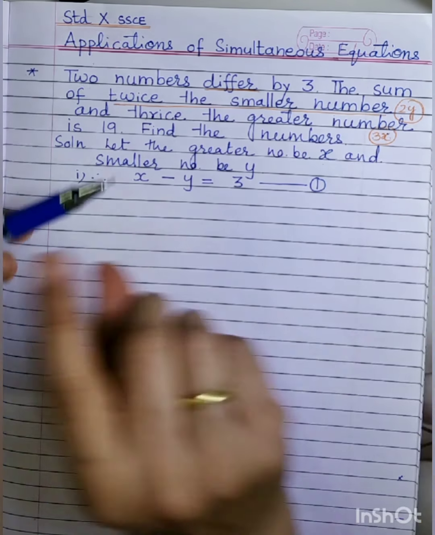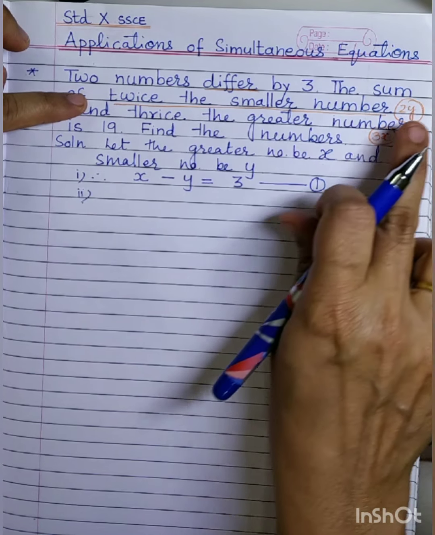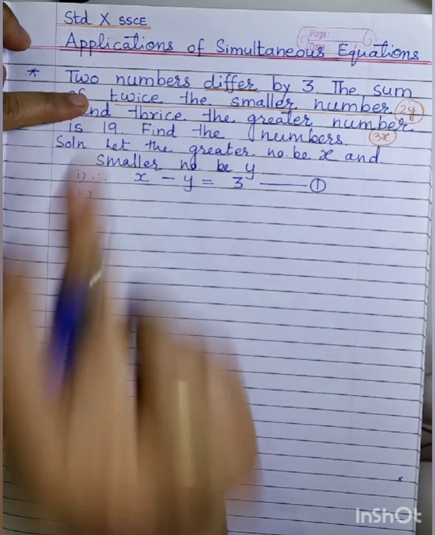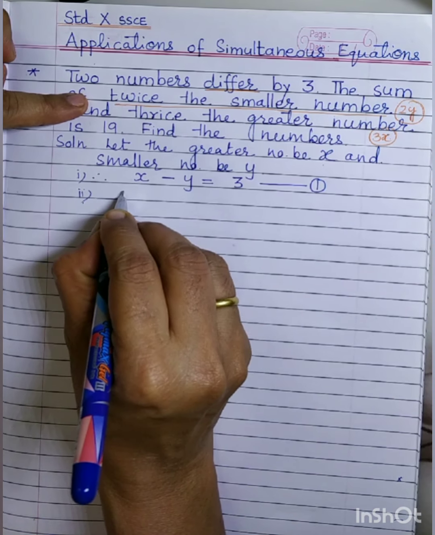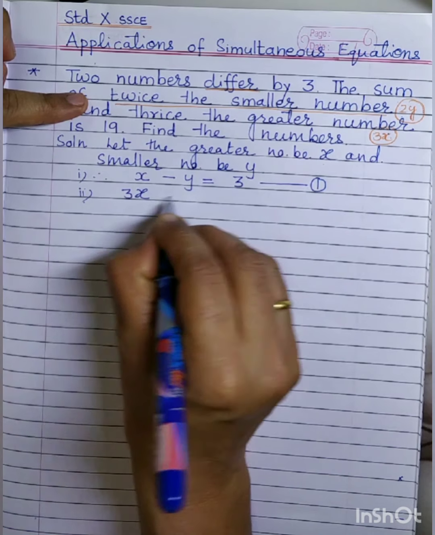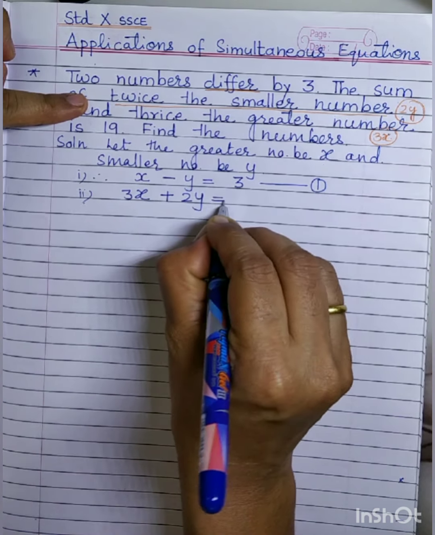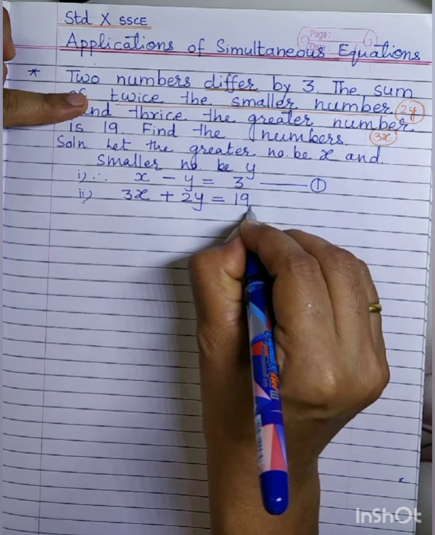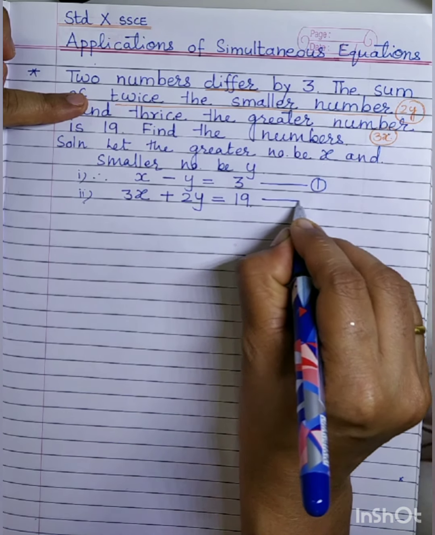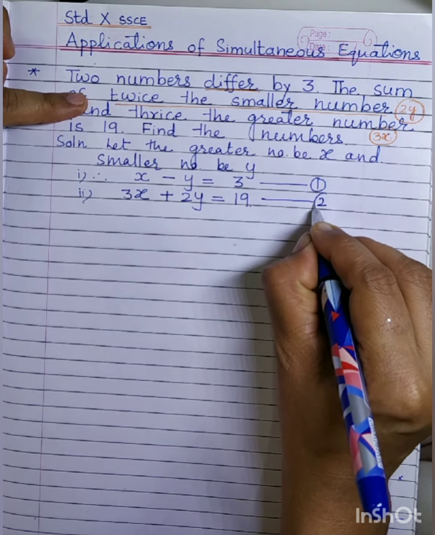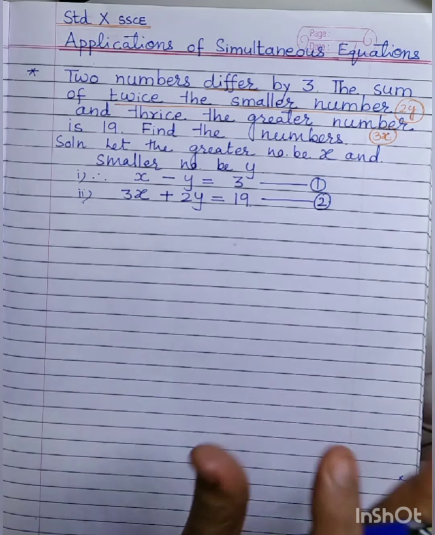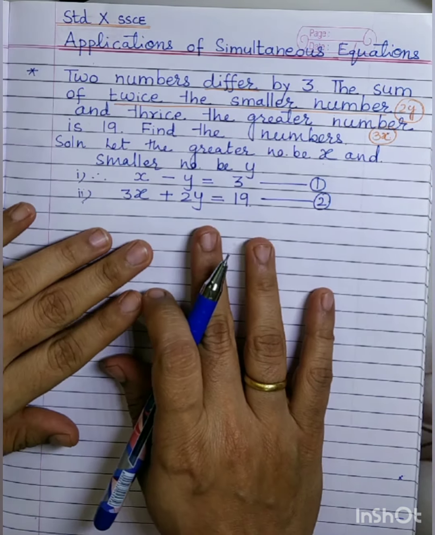So 3x. What is the equation? 3x plus 2y, sum is 19. 3x plus 2y is equal to 19. Now I need not tell you, you yourself can find how many mistakes you would have made had you not taken all these precautions. And the two simple equations are ready.